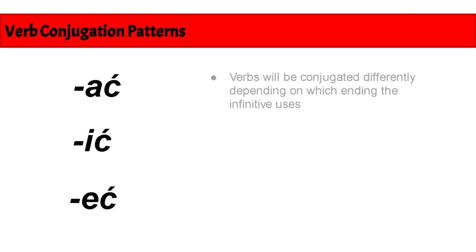They are conjugation patterns because the verbs will be conjugated differently depending on which ending the infinitive uses. Ać and eć might be similar or could be different depending on the tense. Ać and ić might be similar, but ić and eć might be different. So there's no guarantee that every single verb is going to be conjugated the same. Depending on the tense, you might have to learn 3, 2, or just simply 1 conjugation.